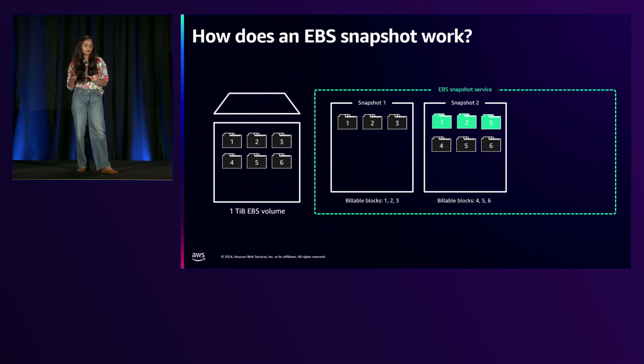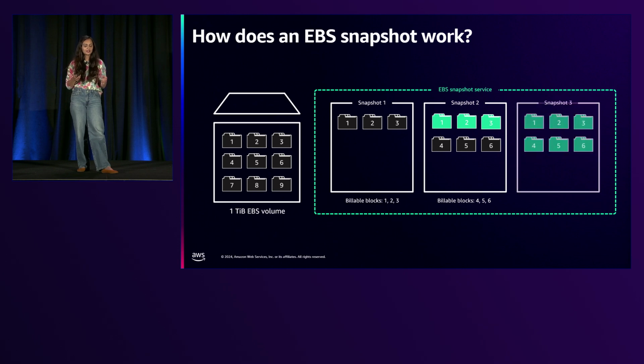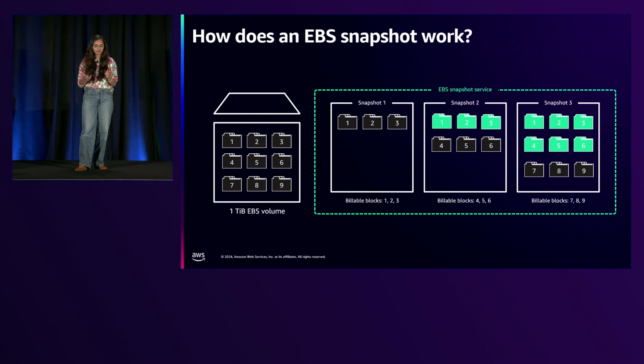So when I think about snapshot 2, those are the blocks that I will be billed for, and blocks 1, 2, and 3 will be referenced from snapshot 1. And just taking this example further, if I add another 3 blocks, those 3 blocks are part of snapshot 3, but blocks 1 to 6 are again being referenced from snapshot 1 and snapshot 2.